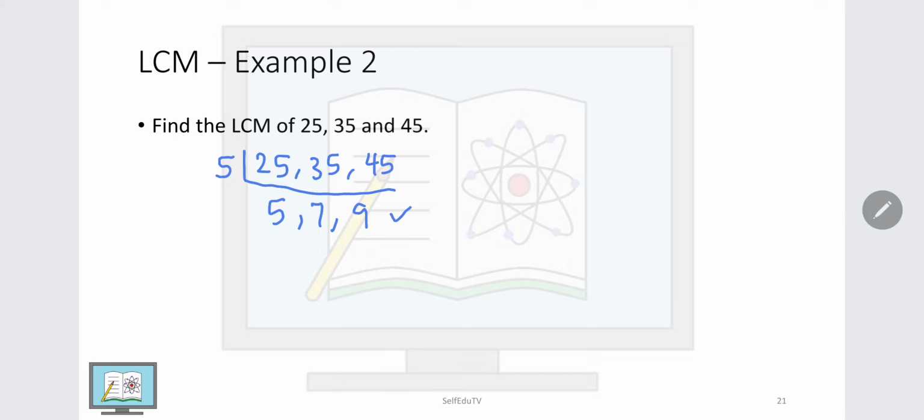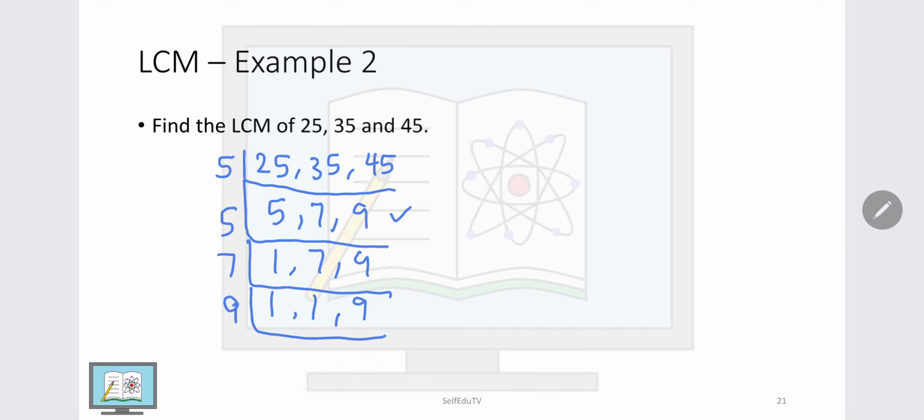If you are finding LCM, you continue the division until you get 1, 1, 1. So this will be my LCM.